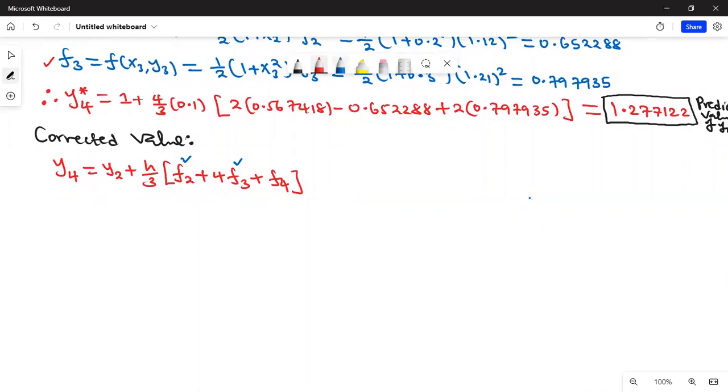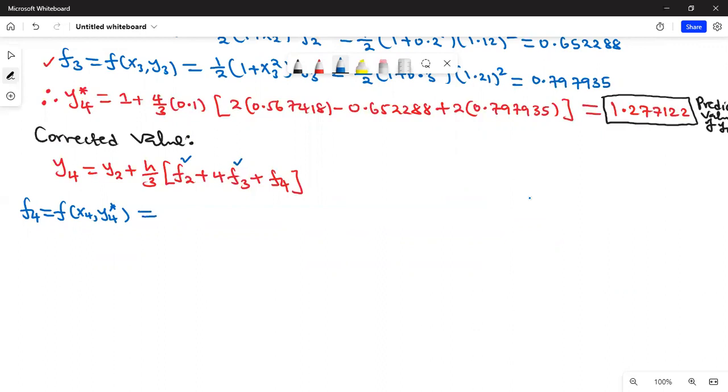So now f4 is equals to f of x4, y4. But you see, we don't know the value of y4, so we use y4 star. Because we don't know the value of y4, we are going to use the predicted value.